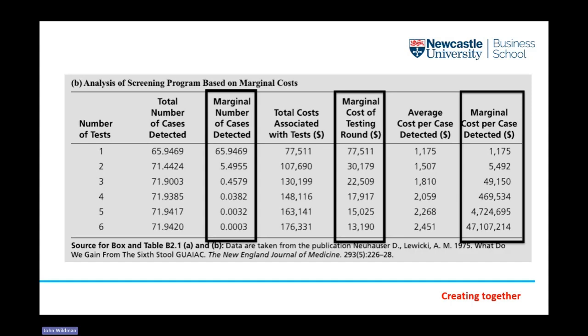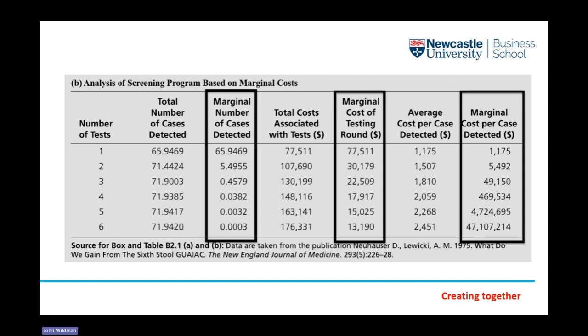Now, what we can see here is we have diminishing marginal benefit. We do 1 test, we get 66 cases. We do 2 tests, the second test picks up an additional 5 cases. We do 3 tests, that extra test picks up an additional half a case. So we've got diminishing marginal benefit.